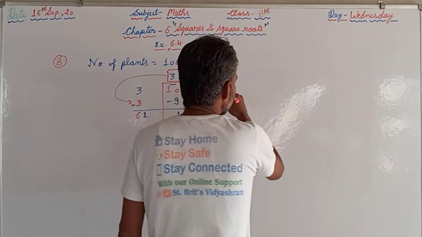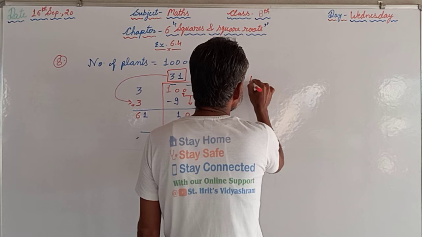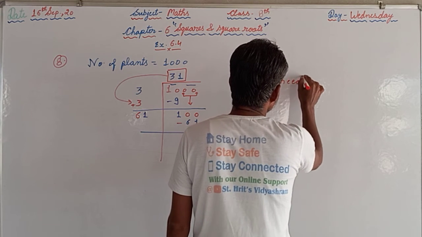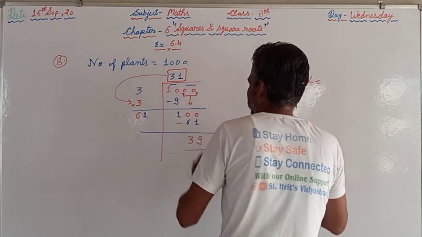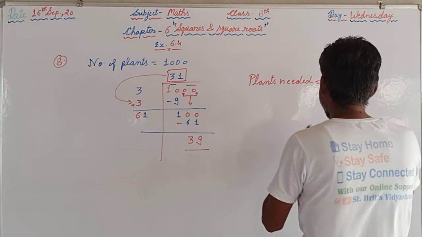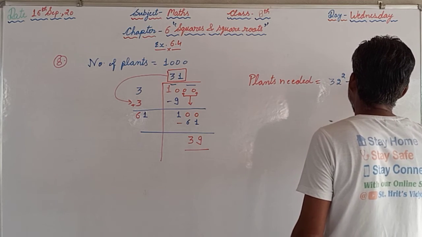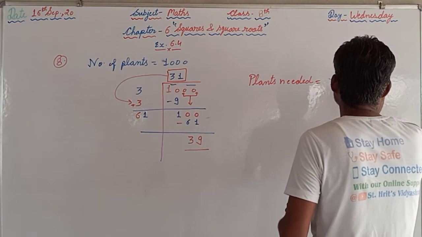So the number to be added, or we can say the plants needed, will be equal to 32 squared minus the number of plants right now we are having.